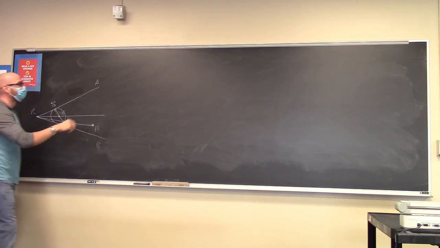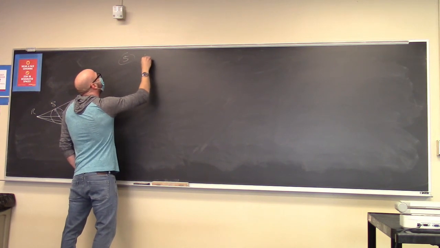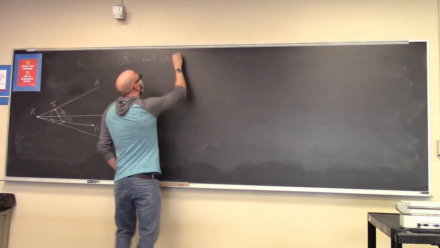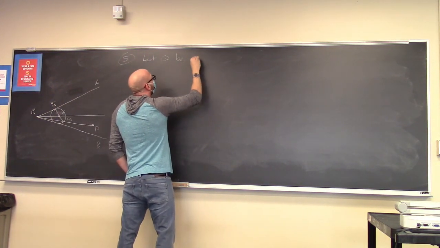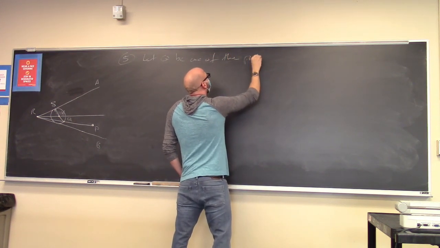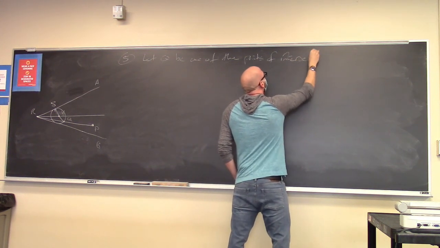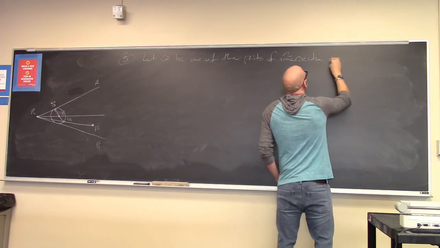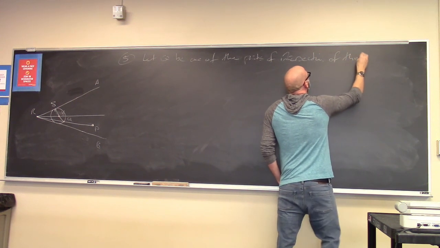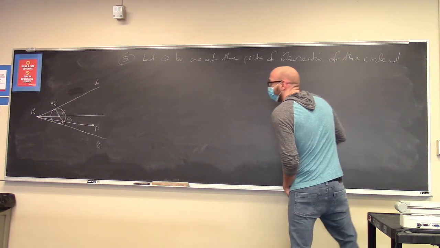But choose one of the points, call it Q. So step 5, let Q be one of the points of intersection of this circle with line RP.